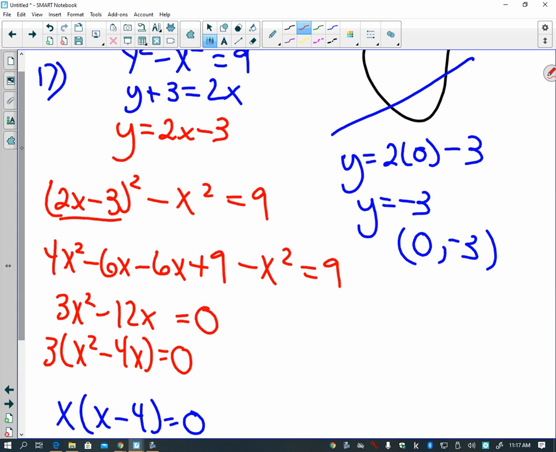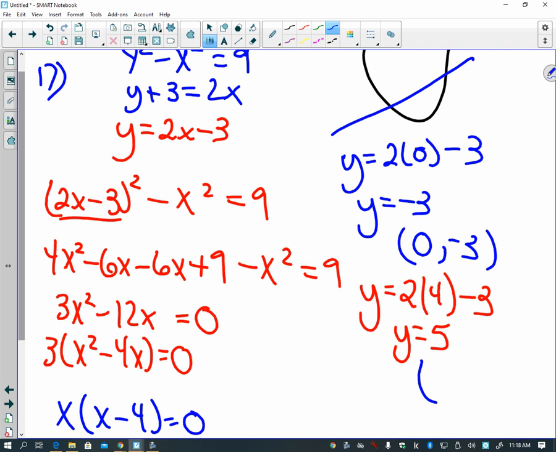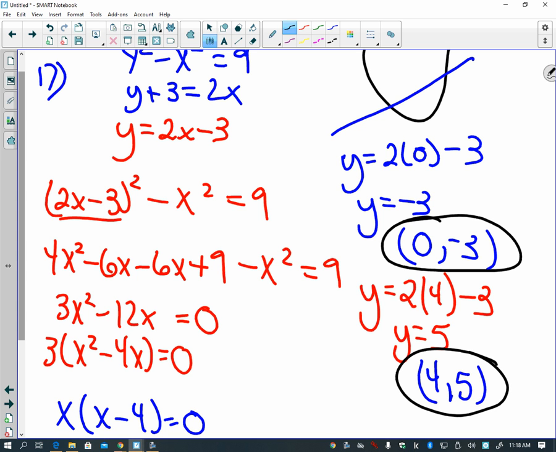And what does y equal when x equals 4? 2 times 4 minus 3, so y equals 5. My other coordinate is (4, 5). Those are your two coordinates. It's just that easy, folks.